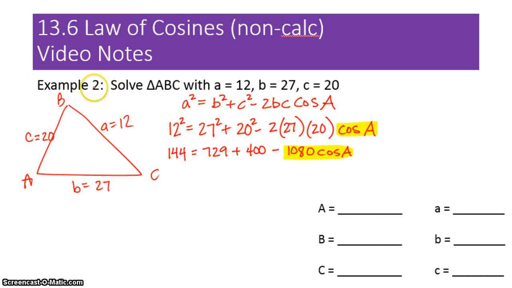So we're going to add 729 and 400, which gives us 1129, and we're going to subtract that from both sides.